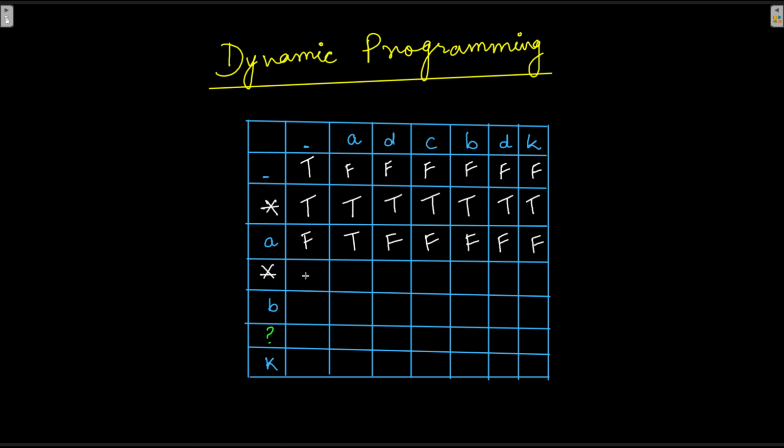And that is clear because A is not a match for empty string. So even if asterisk would have become empty character here, even in that case, A is still going to be there. So there is no way that this pattern can represent empty string. So I'm going to write F here.